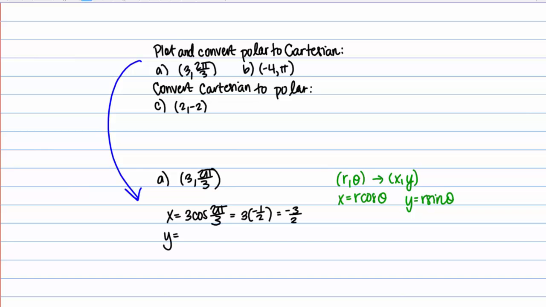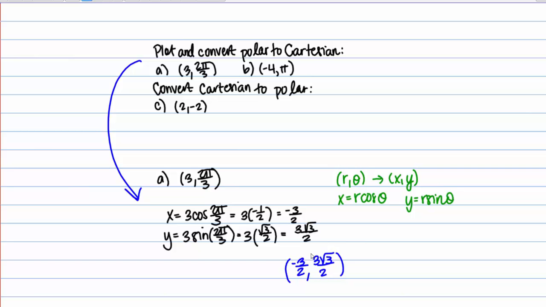And then y is going to be 3 sine of 2 pi over 3. The sine of 2 pi over 3 is root 3 over 2. So we end up with 3 root 3 over 2. Okay, so then my final answer, this point in Cartesian coordinates, is negative 3/2 and then 3 root 3 over 2.